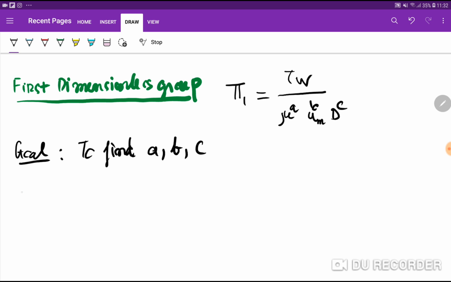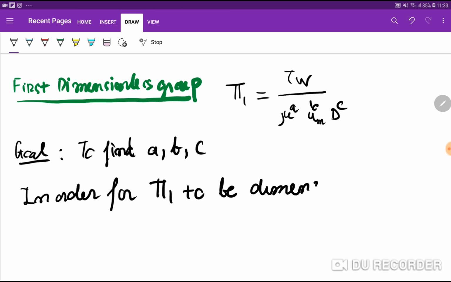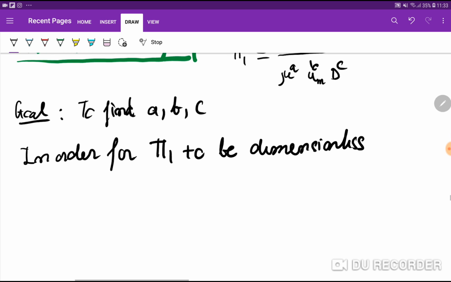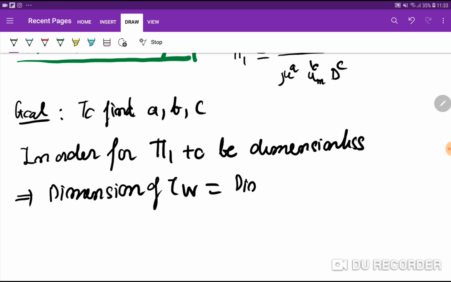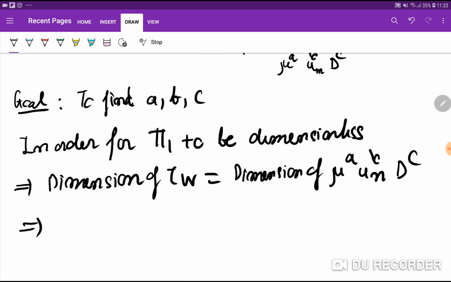In order for pi1 to be dimensionless, the dimension of the numerator, which is tau w, has to be equal to the dimension of the denominator, which is rho to the a, mu to the b, d to the c. What is the dimension of tau w expressed in terms of fundamental dimensions?